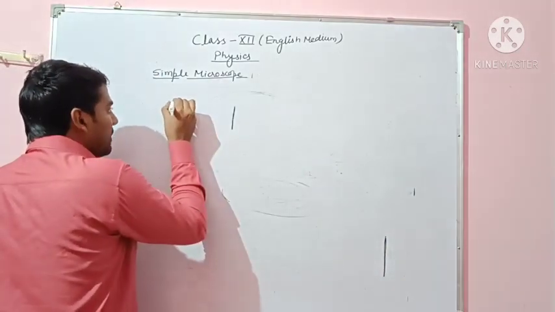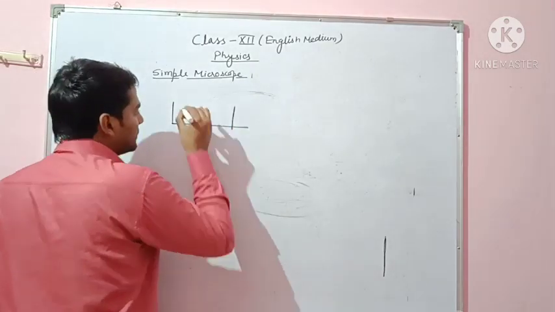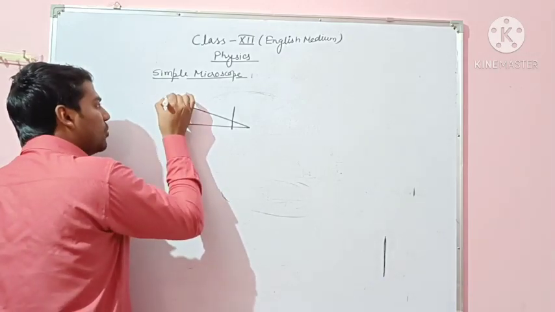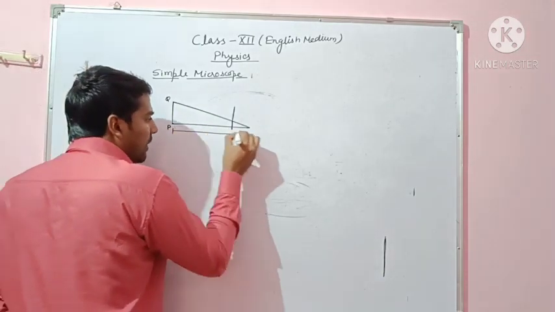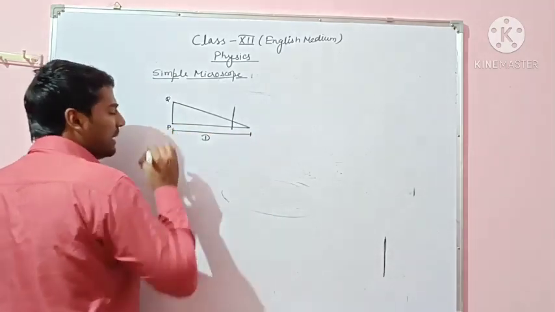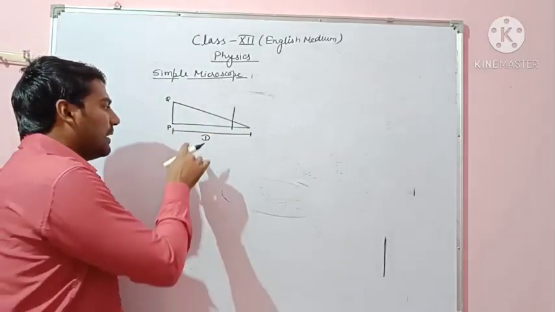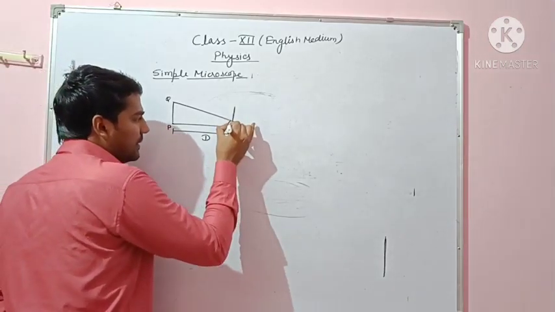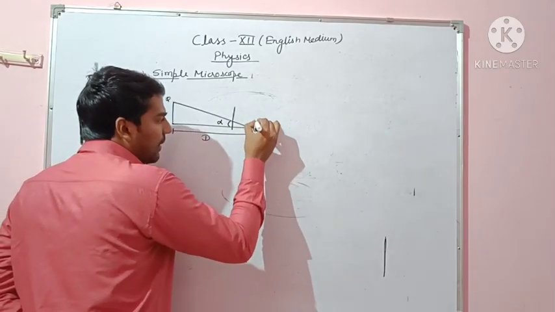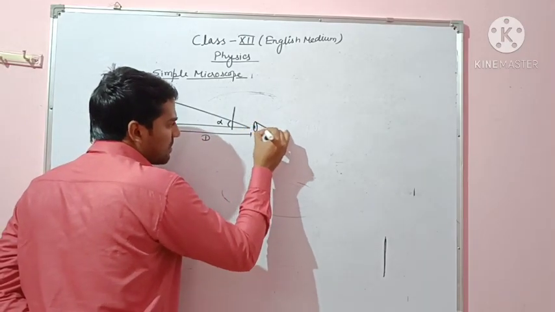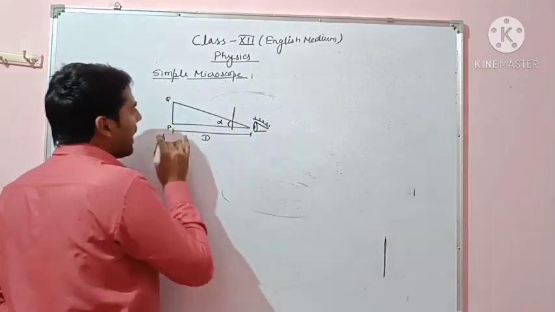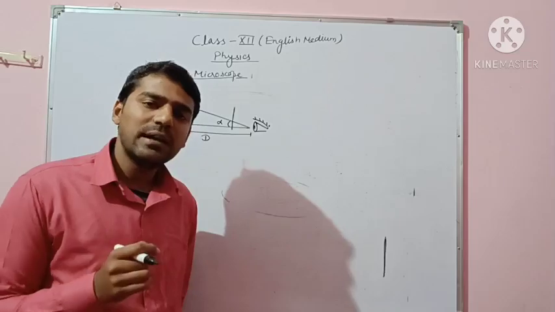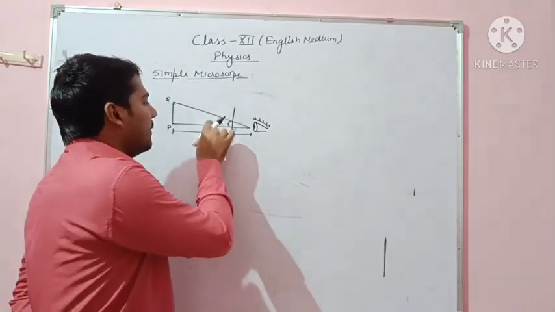Let us consider we have an object PQ that is put at the minimum distance of clear vision, represented by small d. This is the angle alpha that is subtended at the eye by the object.